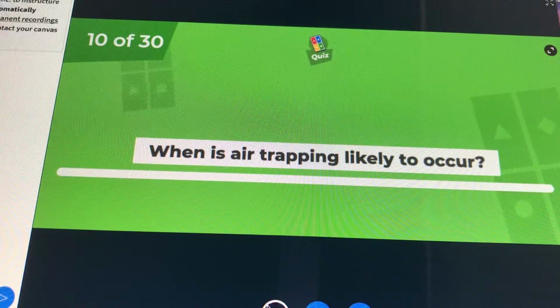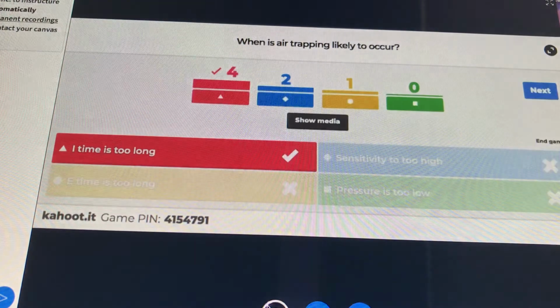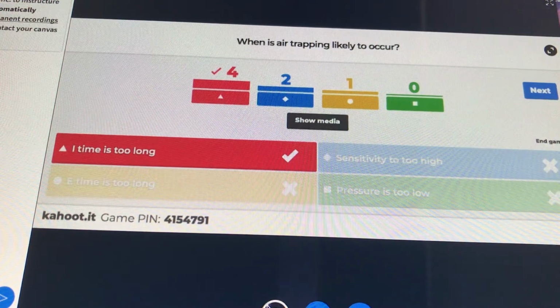When is air trapping likely to occur? That would be when the I time is too long, because that means your patient doesn't have enough time to exhale all of that volume of air that you just gave them.